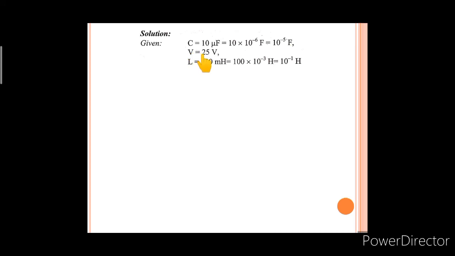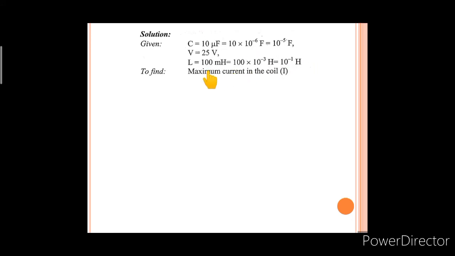V potential is given as 25 volt and inductance L is given as 100 millihenry, where this millihenry is to be converted into Henry by multiplying by 10 raised to minus 3. So this 10 raised to minus 3 is to be multiplied with 100, which gives us 10 raised to minus 1. So the value of L we are getting as 10 raised to minus 1 Henry.